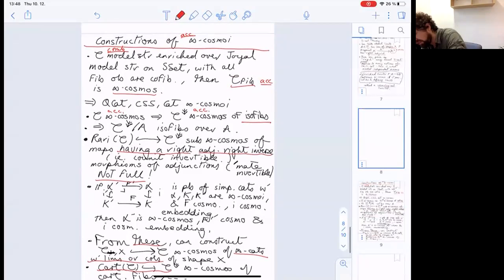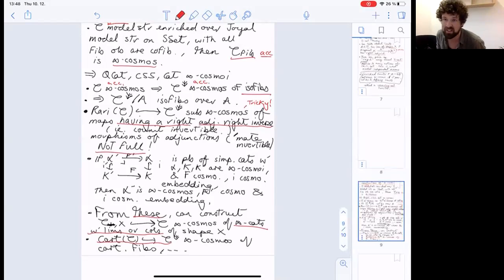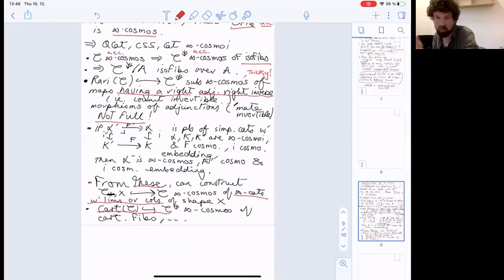Same for this. So this is a bit tricky. Well, it's not that tricky once you know how to do it, but it took a bit of thought. So I'm going to try and explain what the idea is for that in a minute, because this RARI thing is somehow the core example if you want to get structures defined by universal properties.